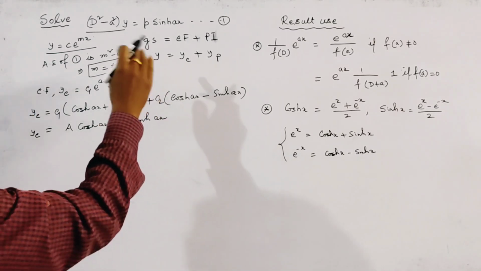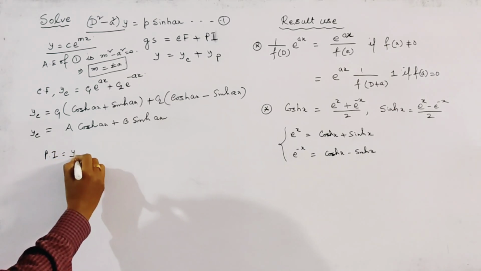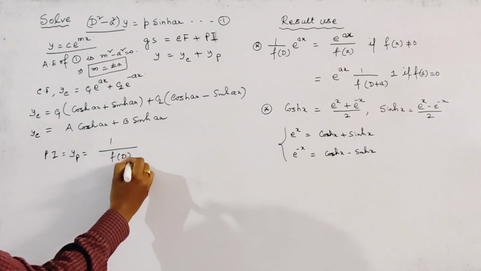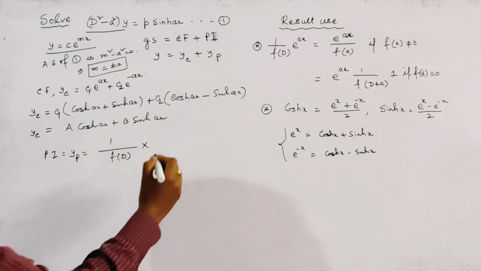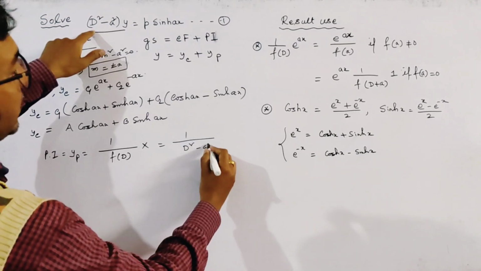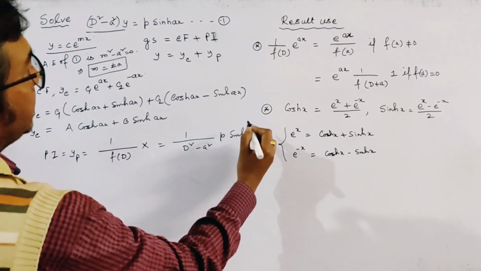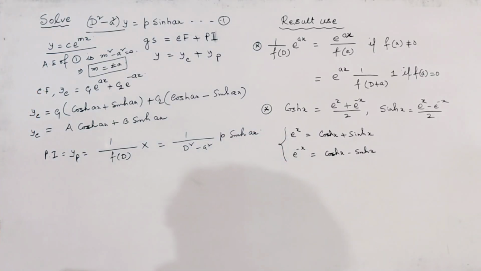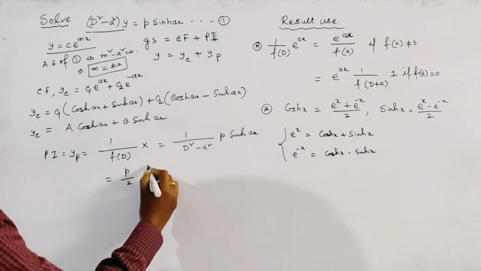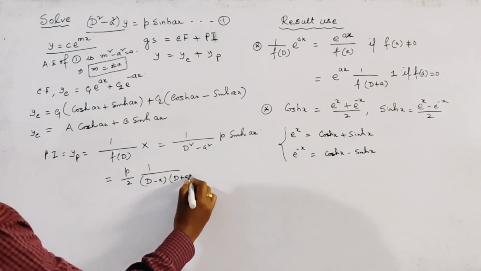Now to find the particular integral, yp is given by 1 by f of D into x. Here f of D means D square minus a square, and x is p into sinh ax. So we get p by 2 into 1 by (D minus a)(D plus a).